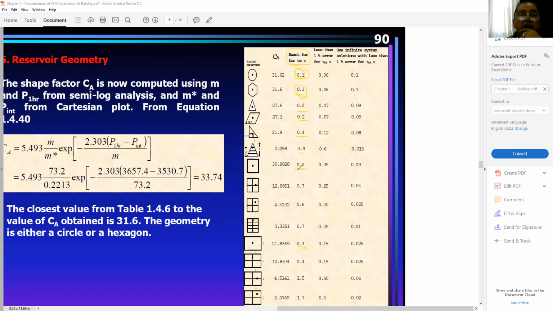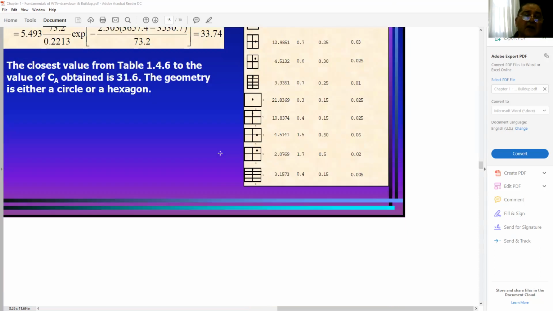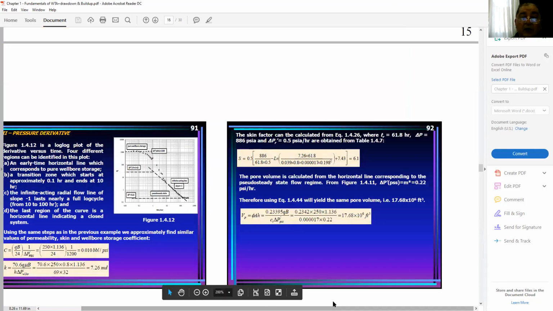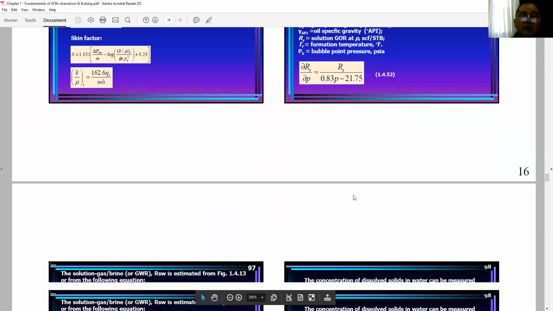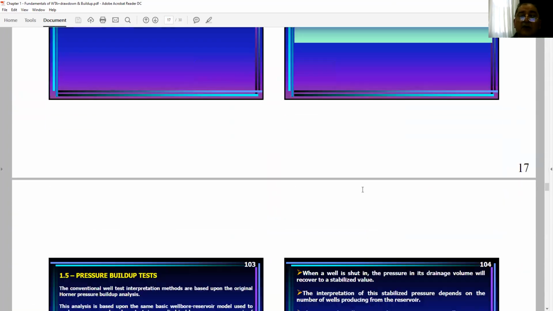If it is square, you go with 0.1. This is what you need to know. Now you will be able to get the value for TDA from this table. Then let me get back to the same topic.